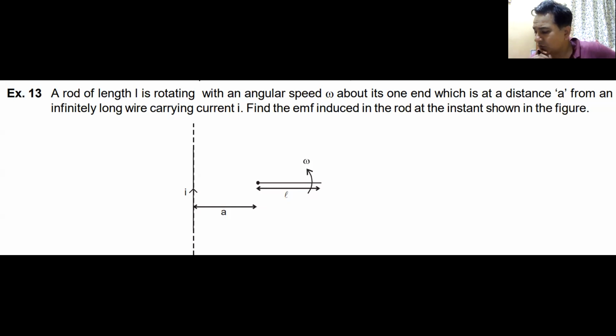We are supposed to find the EMF induced between the ends of this rod in this particular position. Remember, if I change the position, the answer would be slightly different, which would be the next question. Once you get this, you could tell me what that answer would be. So, did you try this question?